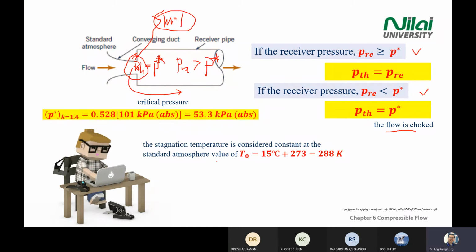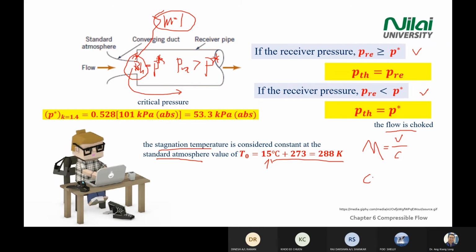Another one, just recall from thermodynamics. Stagnation temperature at the standard atmosphere equals 15 degrees C. However, in this case we are using Kelvin, because when we use the isentropic equation or the ideal gas equation, or we deal with the Mach number equation, C equals square root of kRT.